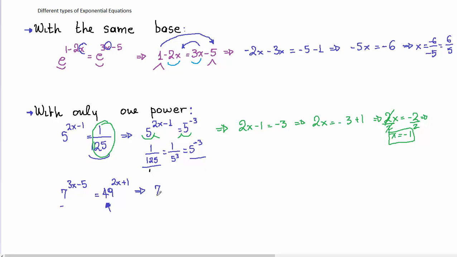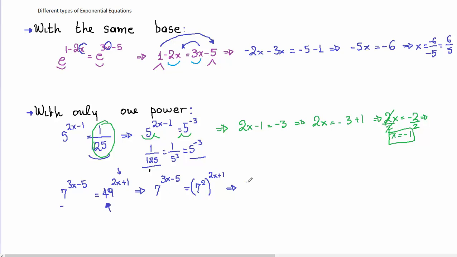So instead of 49 on the right side of my equation, I can replace it with 7 squared. Since this is the exponent of 49, I put it in parentheses to remember that 49 has been replaced by 7 squared, and 2x plus 1 is the exponent of the 49.